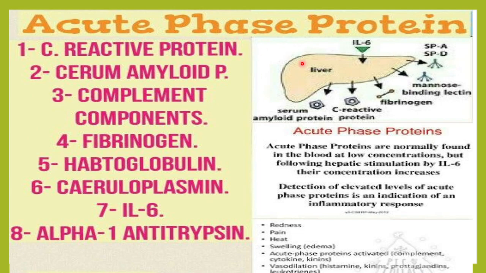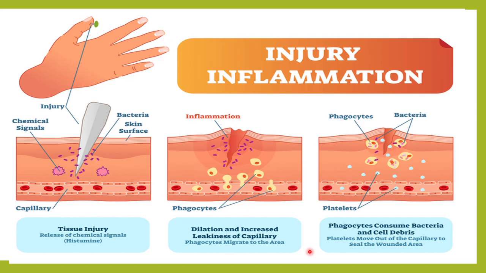So interleukin 6 stimulates the production of these acute phase reactants, and whenever there is inflammation, there will be symptoms like redness, pain, heat, swelling, edema, etc. Now you will see a person having a prick. There is an injury. The prick has led bacteria to go inside the skin surface.